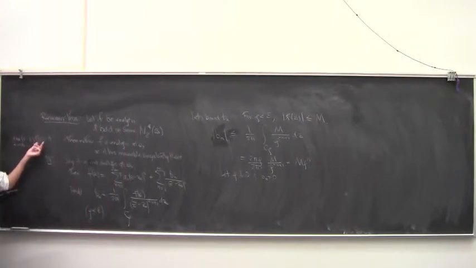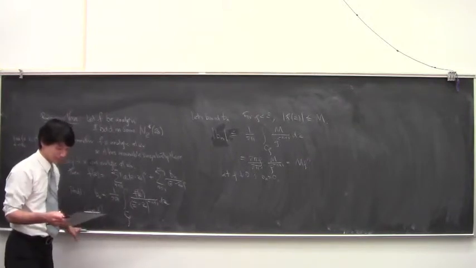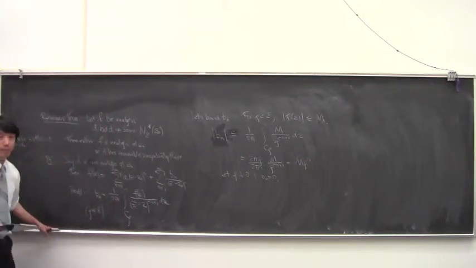Well, if this is bounded, then this limit is going to be 0, right? Because you've got something bounded times something that goes to 0. So the product is going to be 0. Thank you. Other questions?